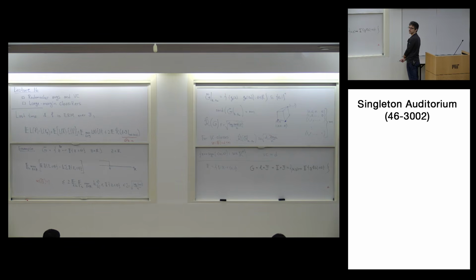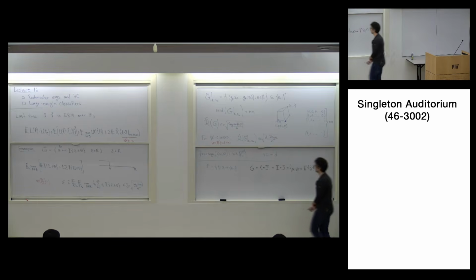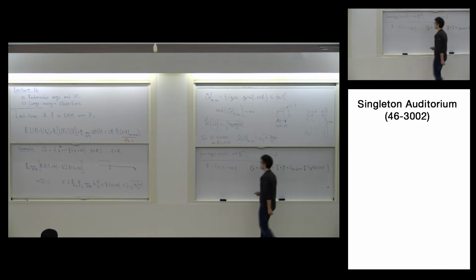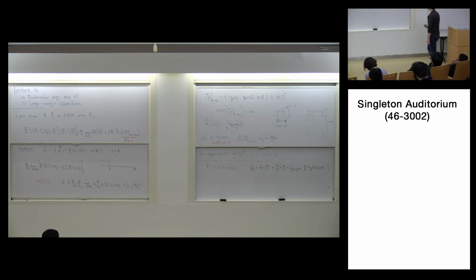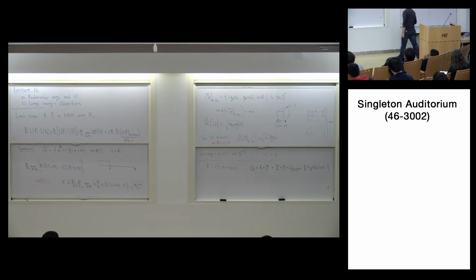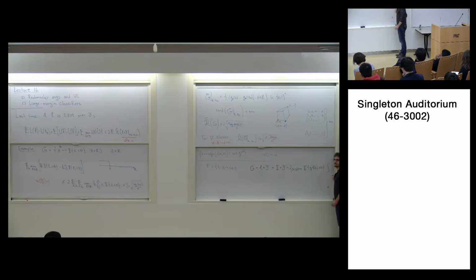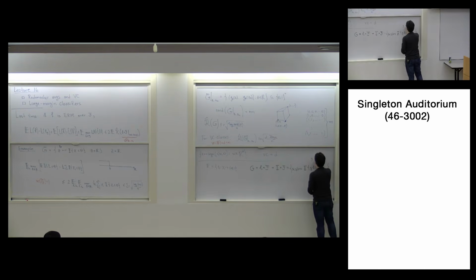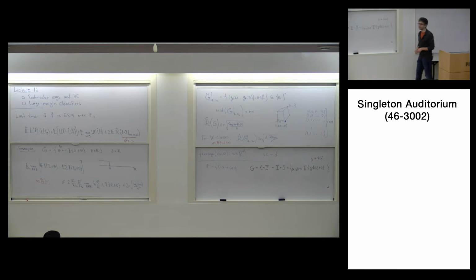You want to make it minus 1 plus 1? Oh yes, thank you. Good point. Let's do minus 1 plus 1. Another way to write it is y is not equal to f of x. That's just another way of writing it.